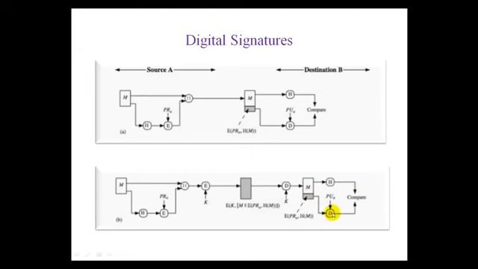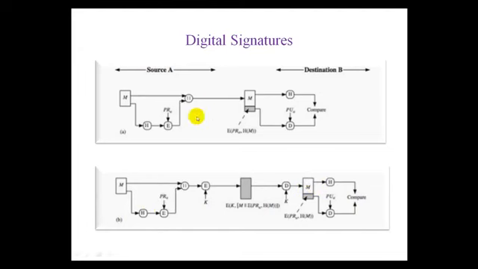Like here we have encrypted using the private key of A, so we have to decrypt here using the public key of B, and that should be compared with the generated hash value. If they are the same, it ensures digital signature. If the decrypted hash value is the same as the hash value generated here, then we can easily think that it is digitally signed, or the message M is transmitted by the sender A only.